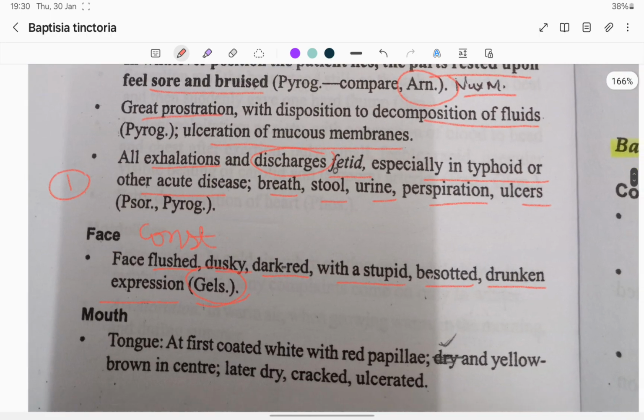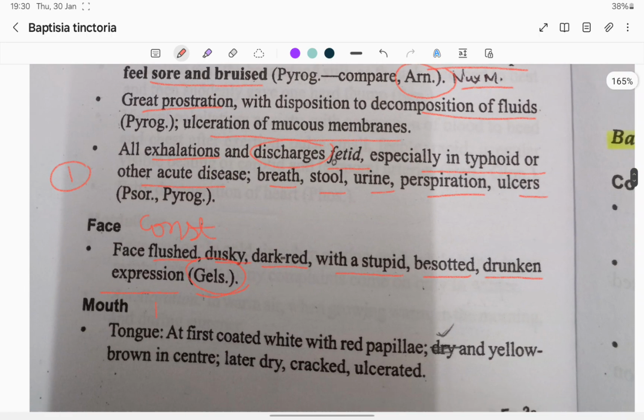About the tongue, this is also a physical characteristic. Tongue, number two: at first coated white with red papillae, dry and yellow-brown in center, later dry, cracked, ulcerated.